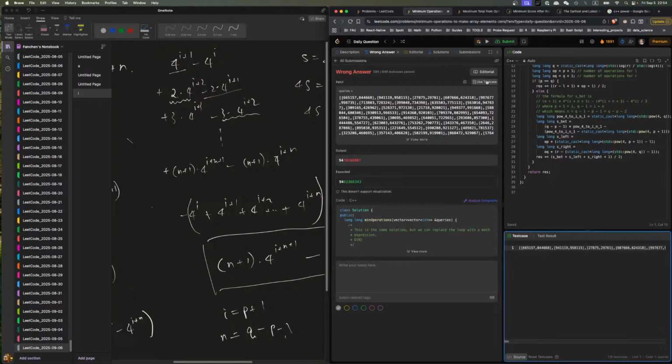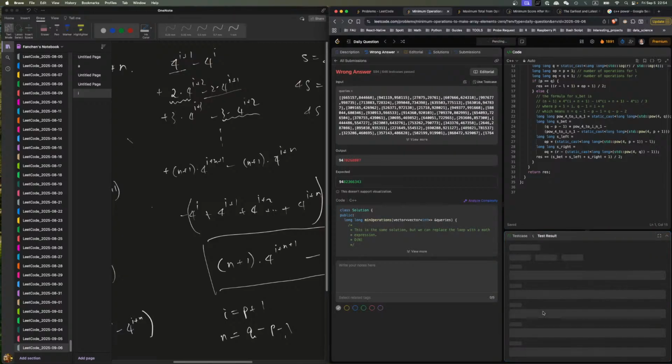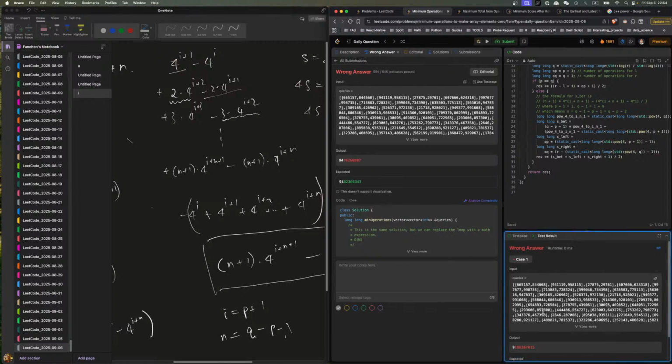I'll remove everybody, put you here. We run you one more time. Well, I guess not. How is it still wrong? Well, a likely possibility is overflow. That's what I can think of, overflow.